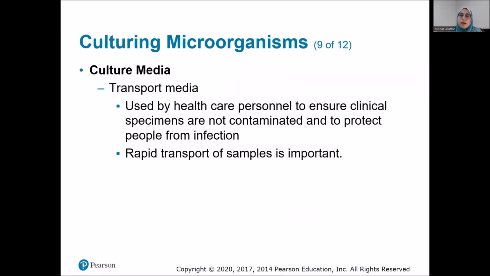Okay. There's another type of media that is called a transport media, and I'll mention it here. This is essentially a media that has enough nutrients for a sample to maintain viability when it's being transported in a medical setting, right?